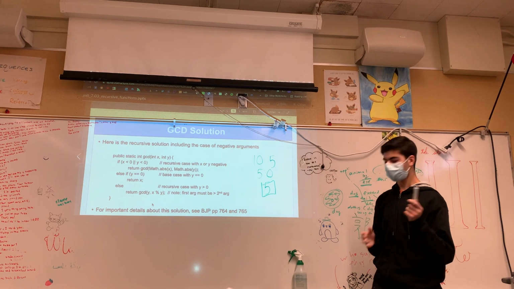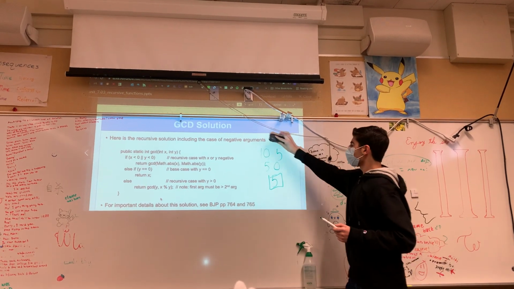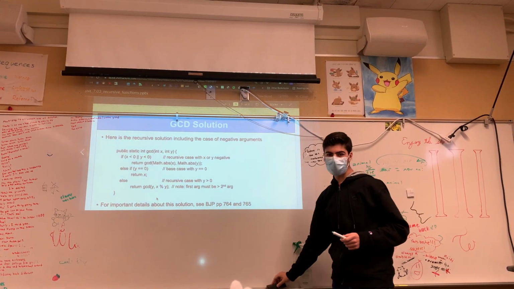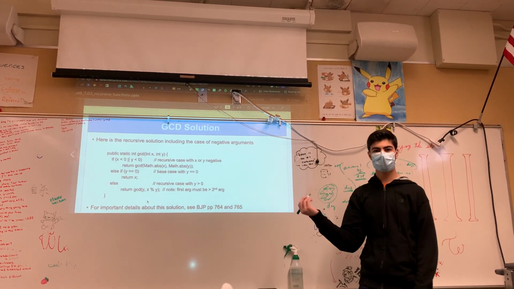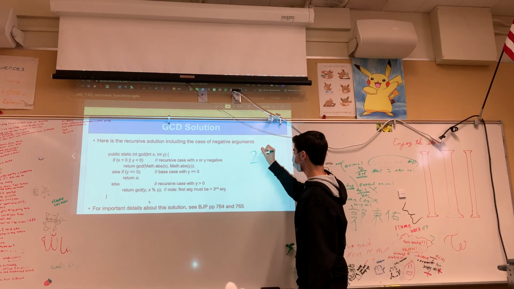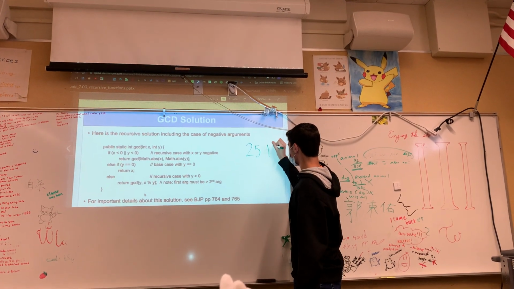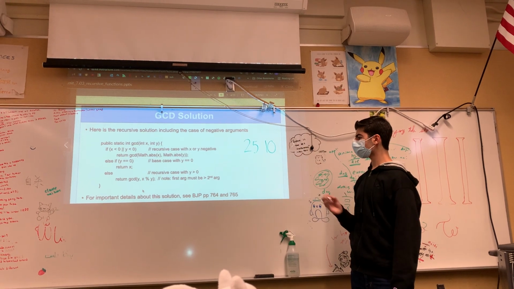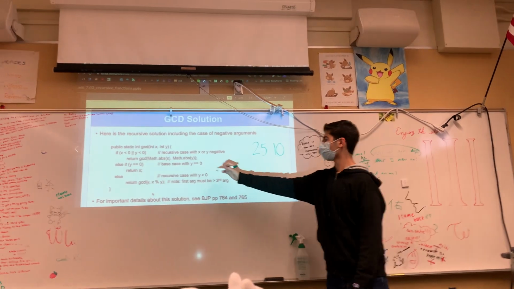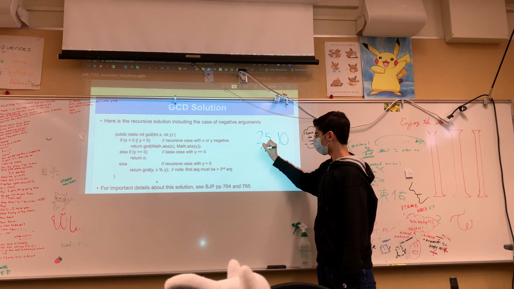I think we should do one more. Do you want negative numbers in this one too, so that we can try it? 25 and 10. All right. 25 and 10. Are either of those negative? No. Does y equal 0? No. So it goes back in. What's our y? 10.